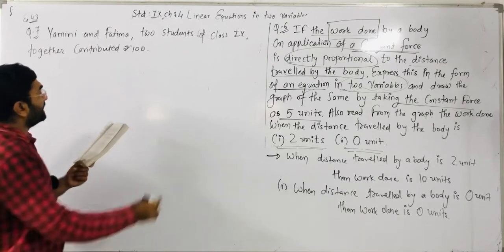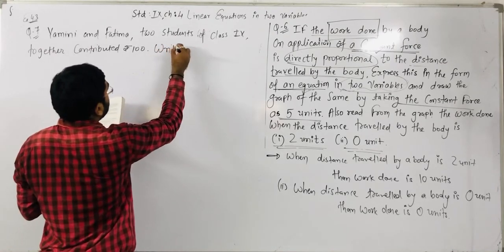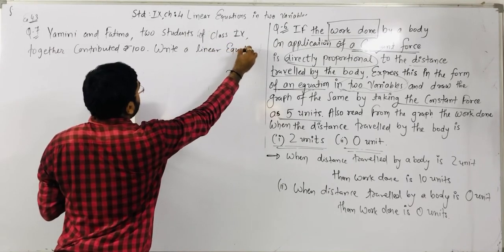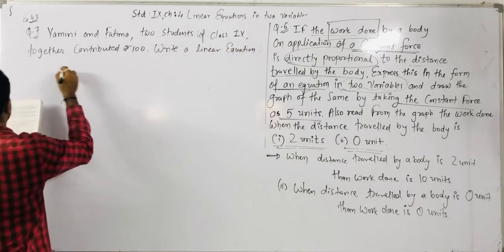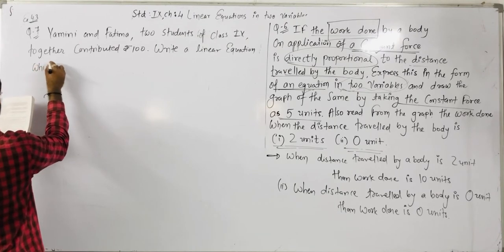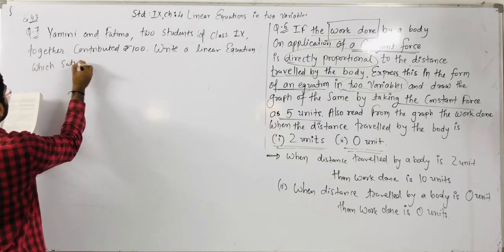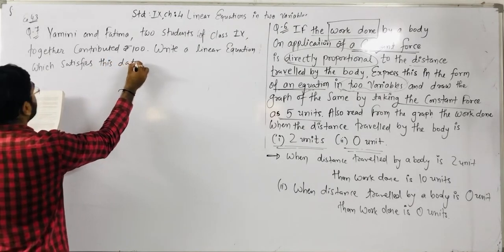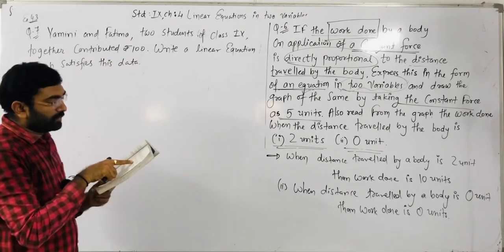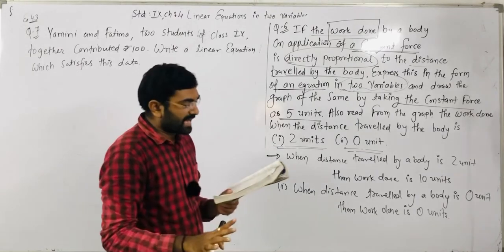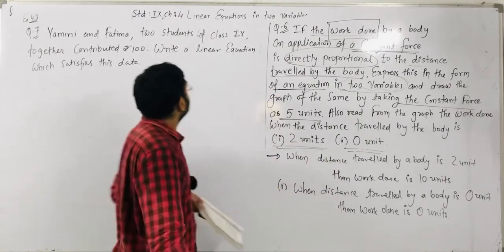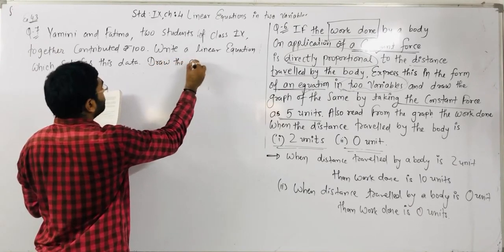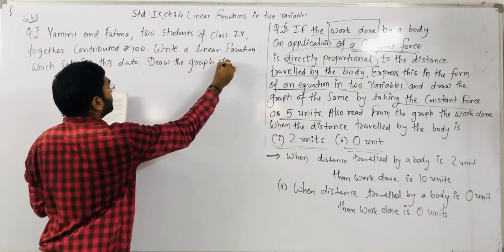Now they said write a linear equation which satisfies this data. Right? And as per the question they mentioned, you may take their contribution as rupees x and rupees y, and they also said draw the graph of the same.